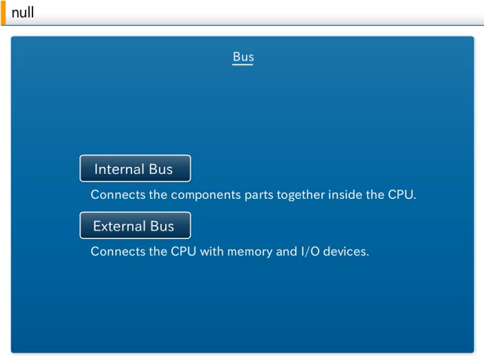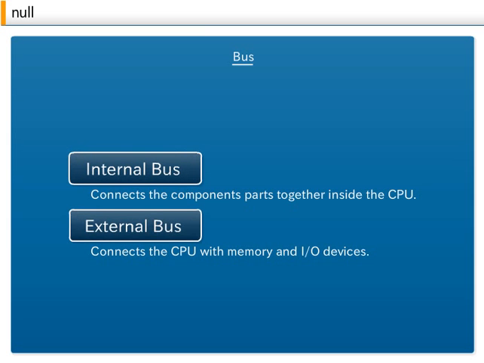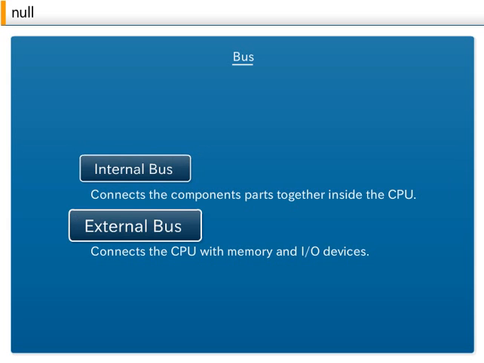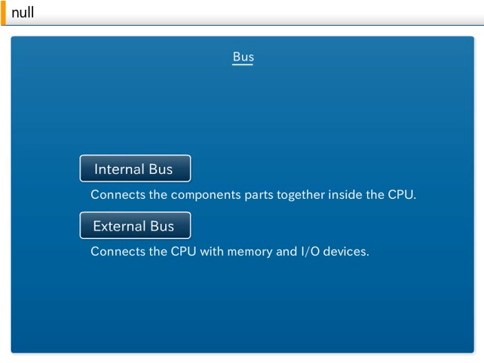Depending on the usage, it is roughly divided into the internal bus and the external bus. The internal bus is used to connect the component parts together inside the CPU, and the external bus is used to connect the CPU with memory and input-output devices.